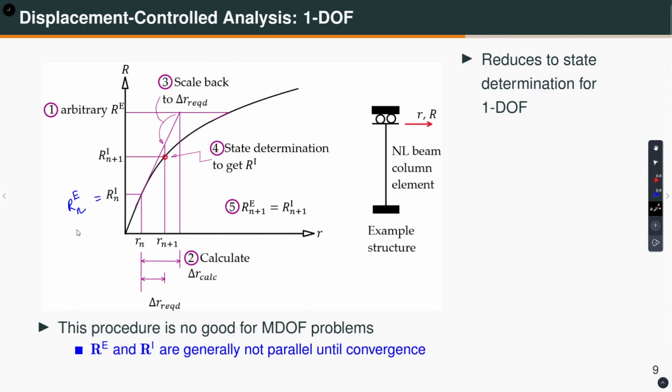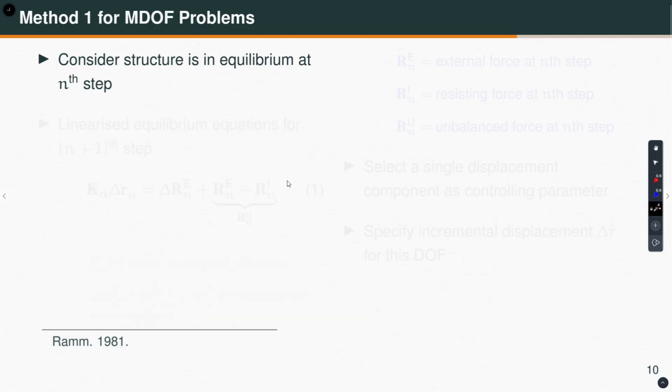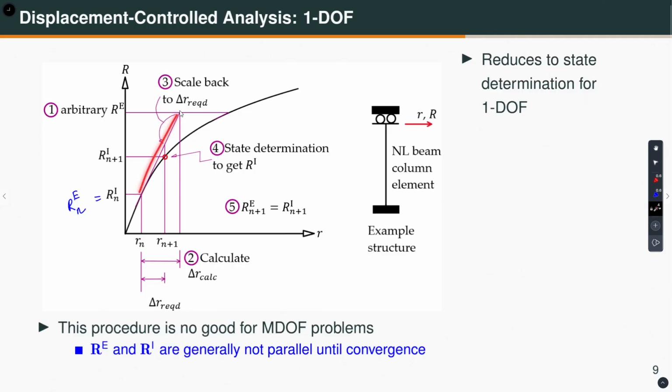In principle, they are equal, but in a nonlinear analysis, this will never be identical. There will be some acceptable small difference. So whatever be that acceptable small difference, we typically carry it. So this minus that is this unbalance. This is the equation that I am writing for this step.